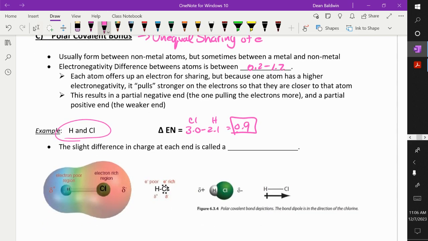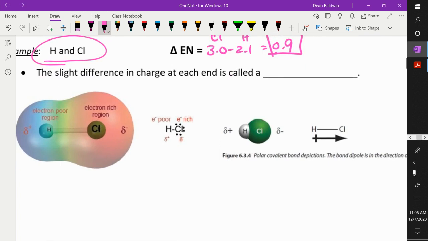So remember we talked about electron density clouds and stuff like that last chapter? The chlorine pulls more of the electron density, and you get this partial. I showed you this last week, and I hope he did yesterday. You get a partial negative there and a partial positive charge because more electrons are closer to the chlorine than they are to the hydrogen. This is called a dipole.